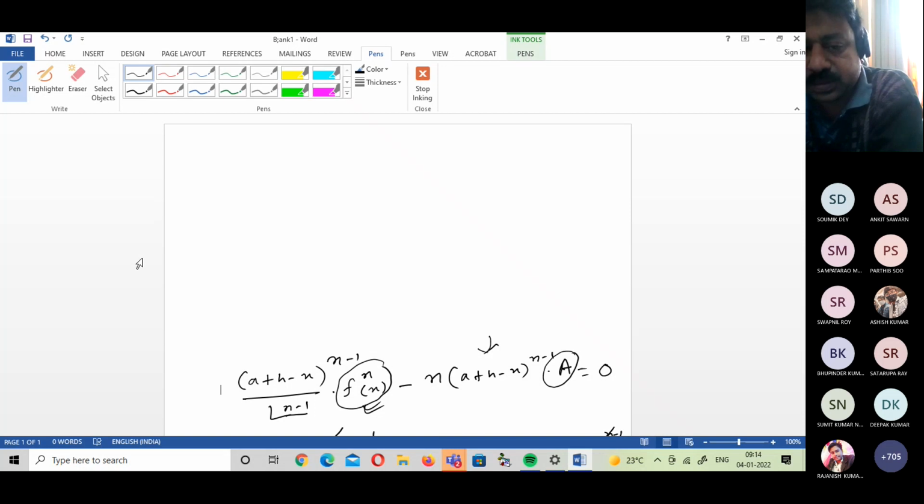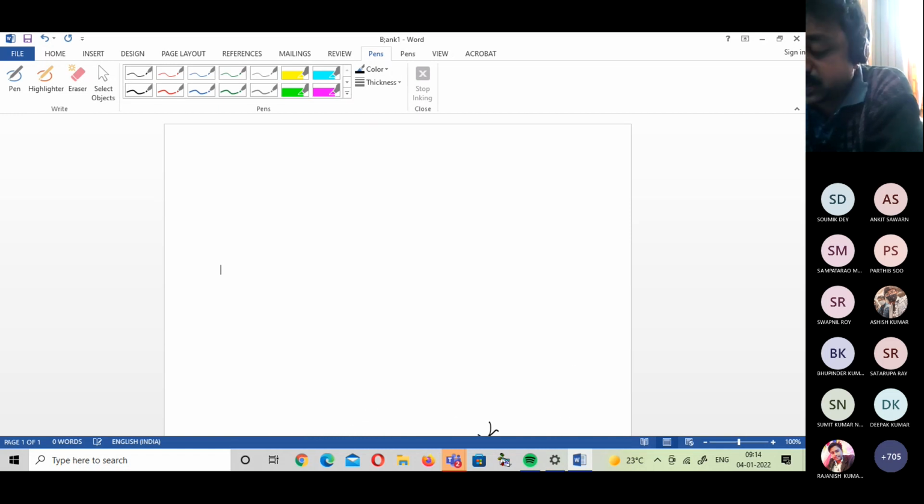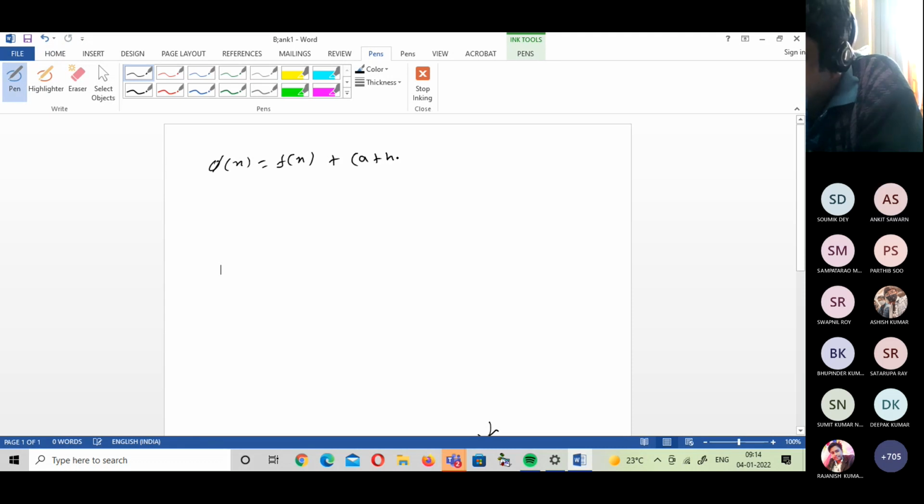Then why the remainder we have written by f of nth into a plus h minus x? This is the expansion. First is f of x. Suppose, just 1 minute. You have calculated phi of x. That will be f of x plus a plus h minus x into f dash x. In this way, why you are proceeding?